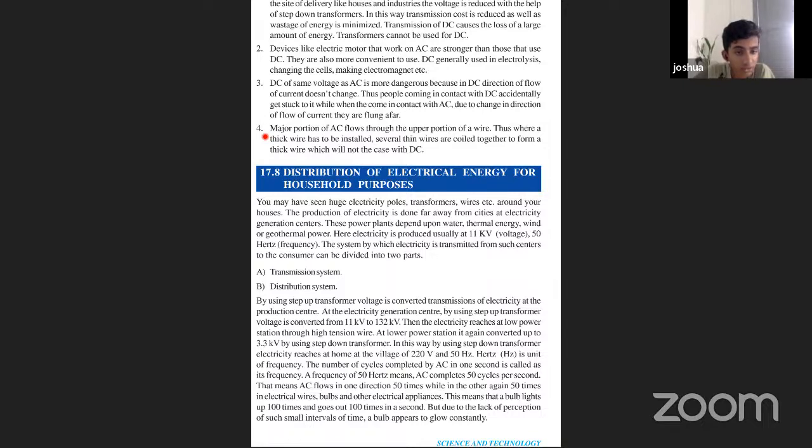The production of electricity is done far away from cities at electricity generation centers. These power plants depend upon water, thermal energy, wind, or geothermal power. Here, electricity is produced usually at 11 kV voltage, 50 Hz frequency. The system by which electricity is transmitted from such centers to the consumer can be divided into two parts.